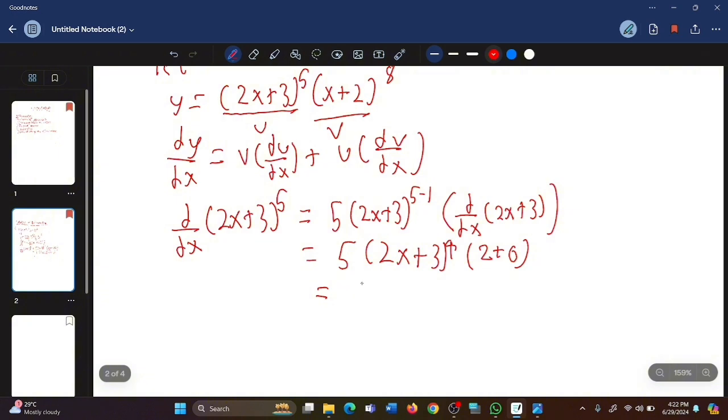The equation becomes 5 multiplied by 2, which is 10. So du by dx becomes 10 (2x + 3) to the power 4. This is du by dx. Now let's do dv by dx.